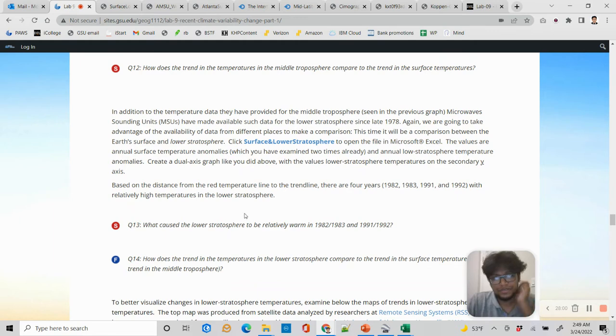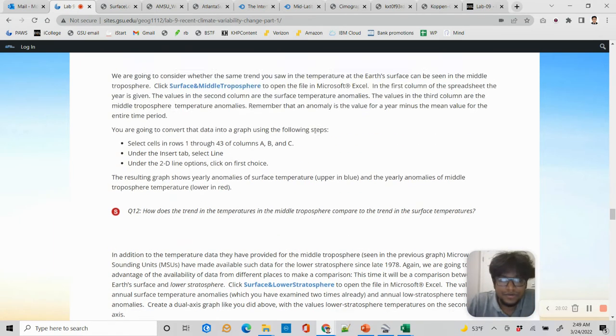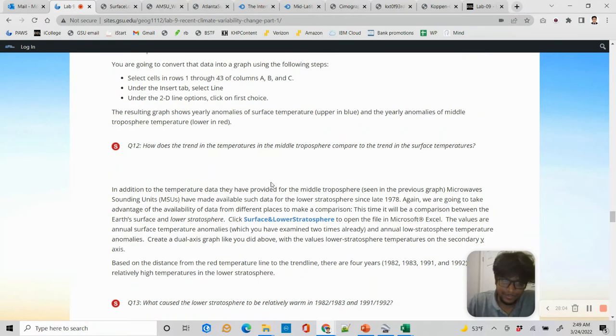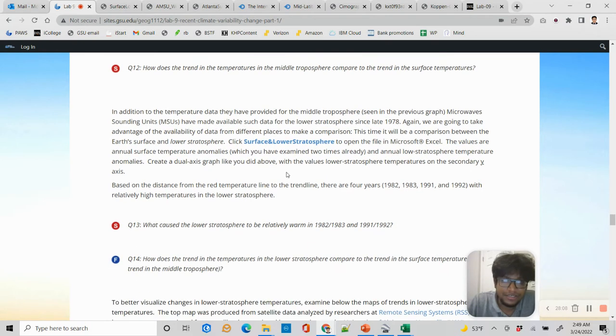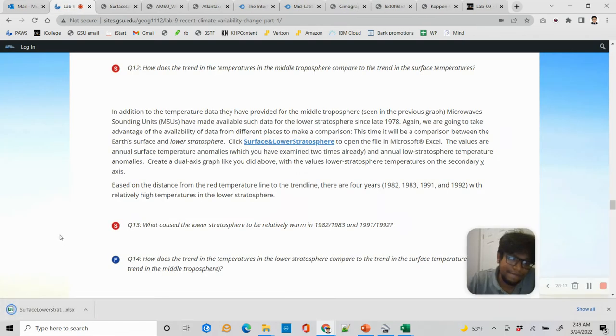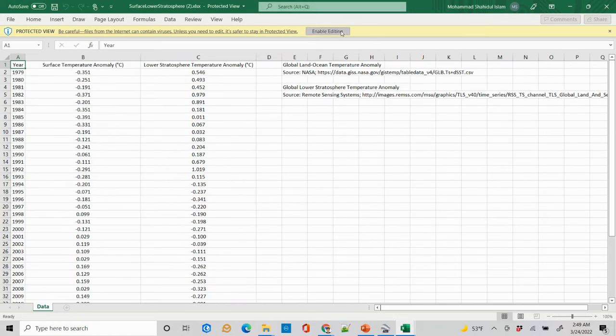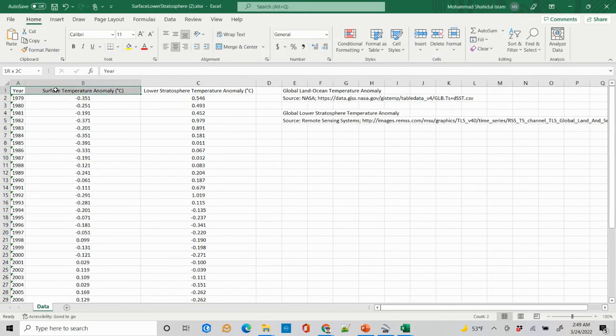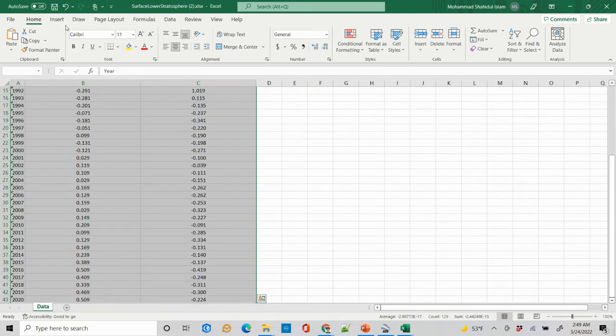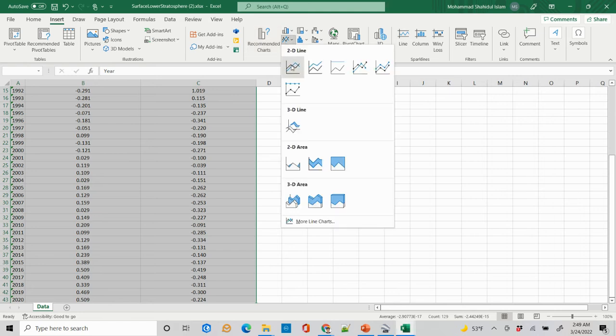Question 12. Again, this is about the surface and middle troposphere. Then there's another, surface and lower stratosphere. Click on that and just do what it says. Surface and lower stratosphere. Enable editing. You need to select all three in there, then insert line, 2D line.